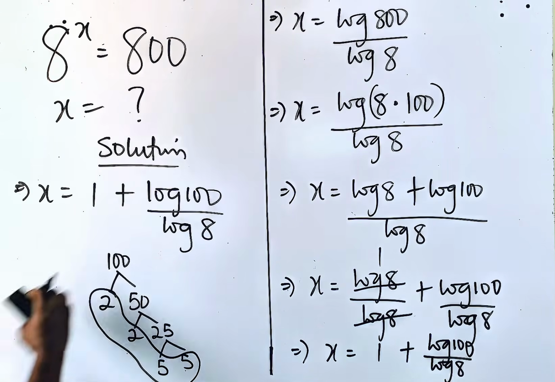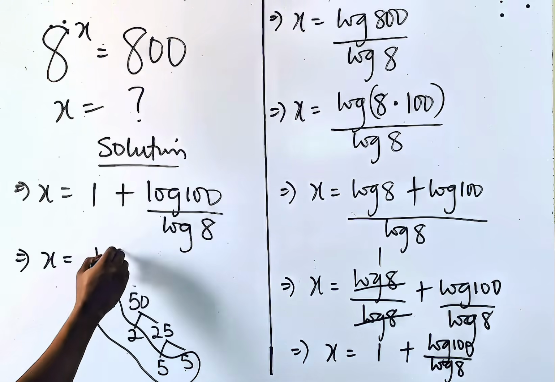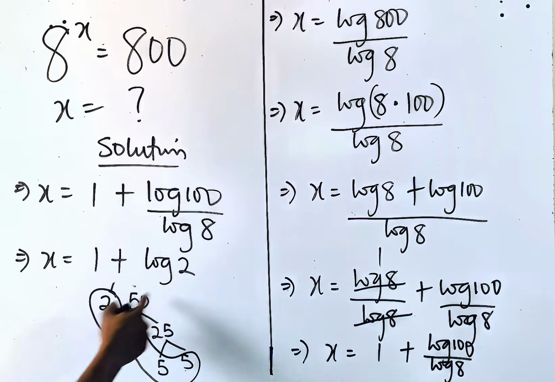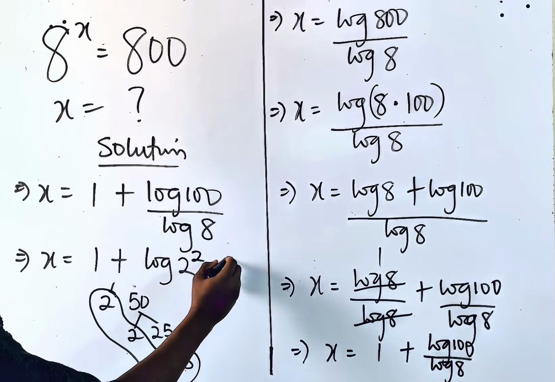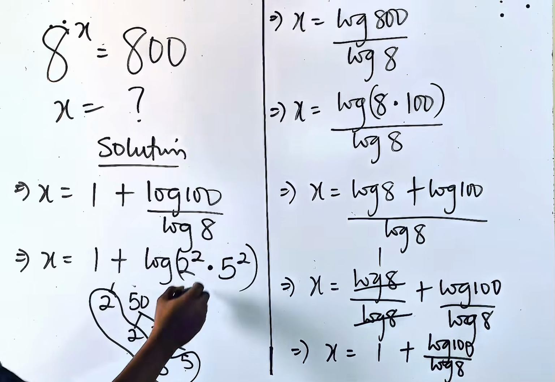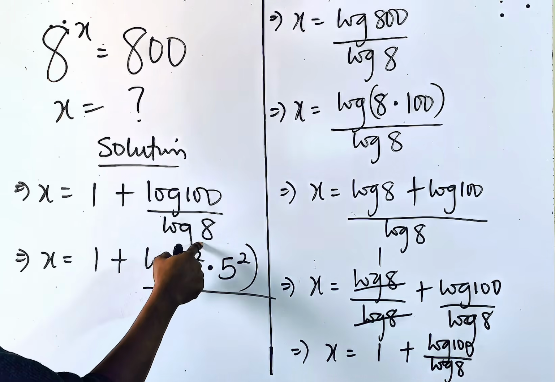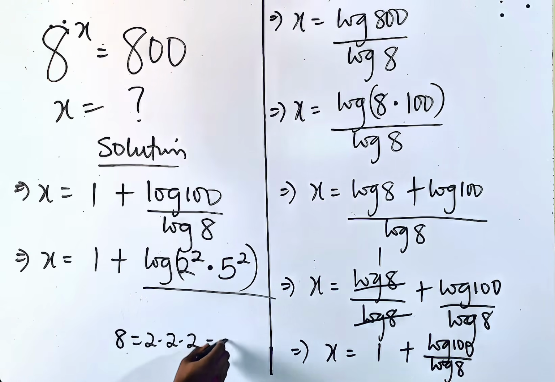So this is the same as x is equal to 1 plus, for this, log of 2 squared multiplied by 5 squared, divided by, for log of 8, we know that 8 is 2 multiplied 3 times, which is 2 cubed.